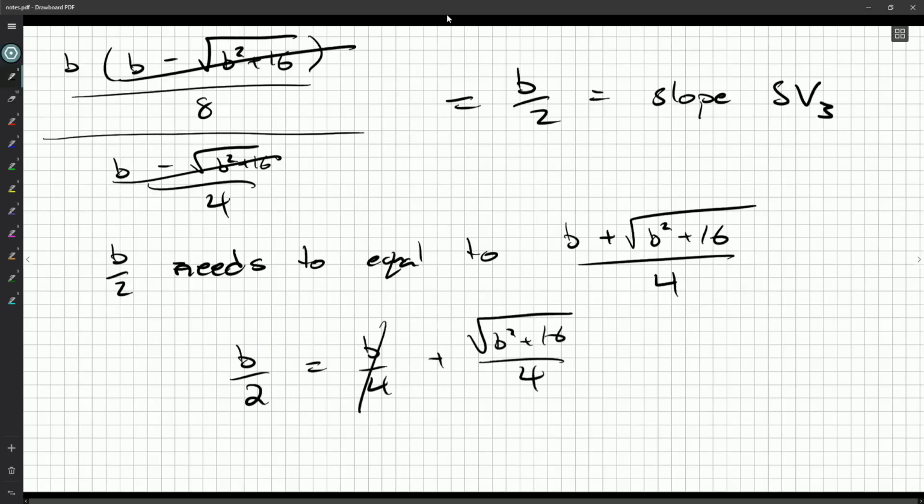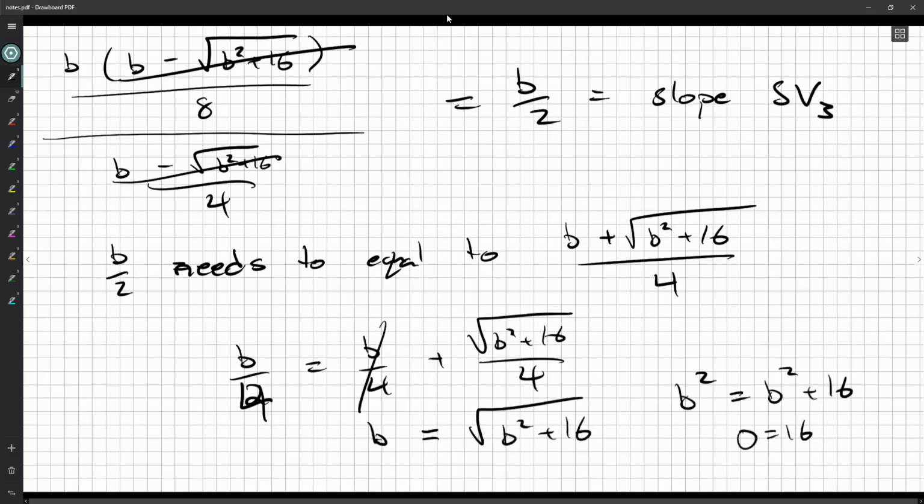So I'll get rid of the b over 4 on both sides. That leaves me with b over 4. Multiply through by 4. So b is the square root of b squared plus 16. So b squared is equal to b squared plus 16. 16 is equal to 0. Something has gone wrong. But what?